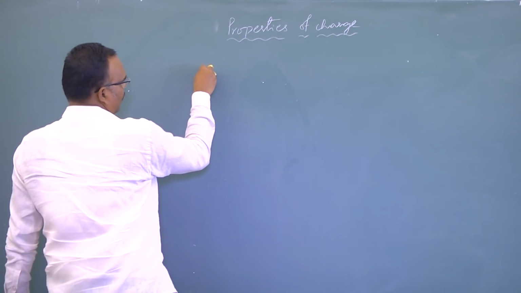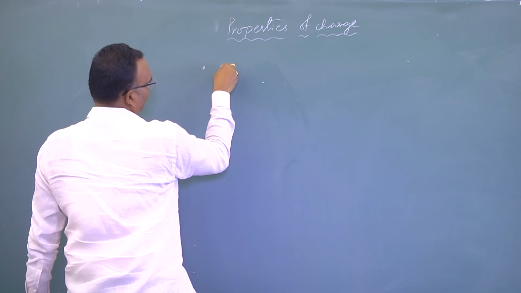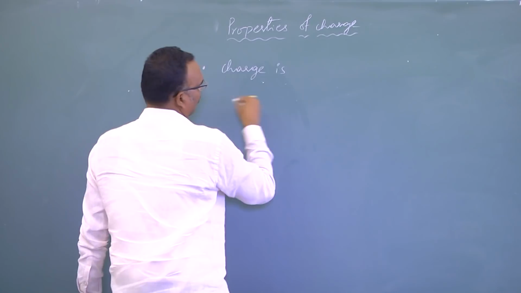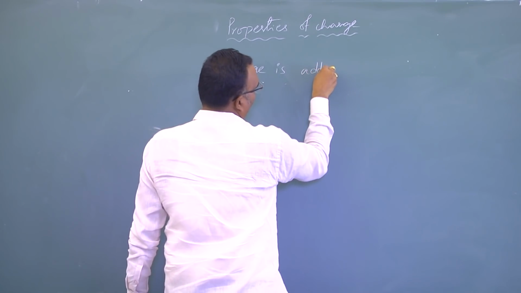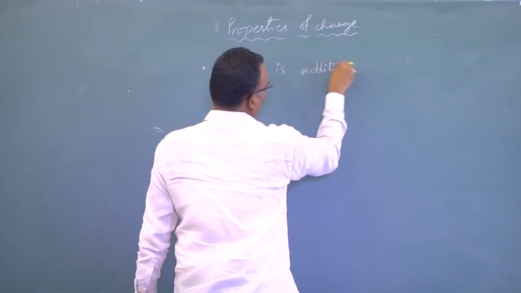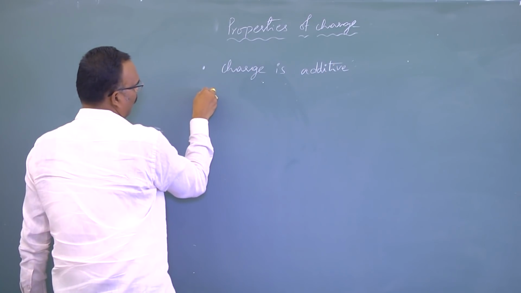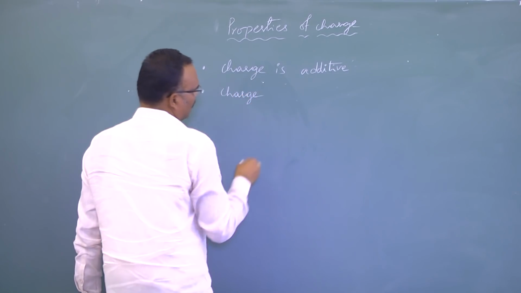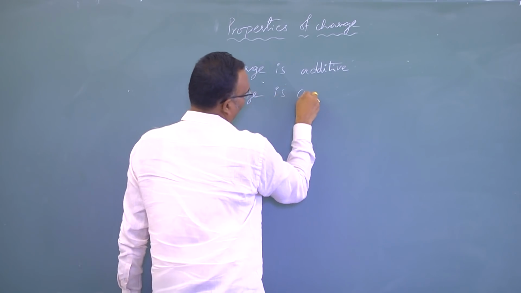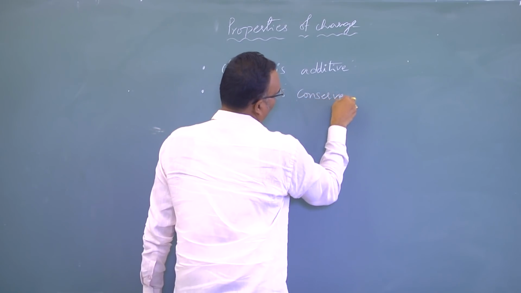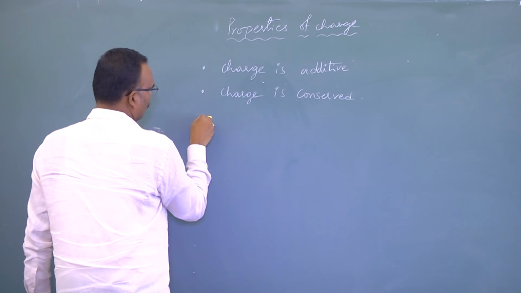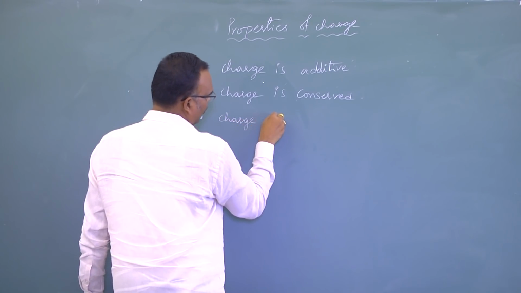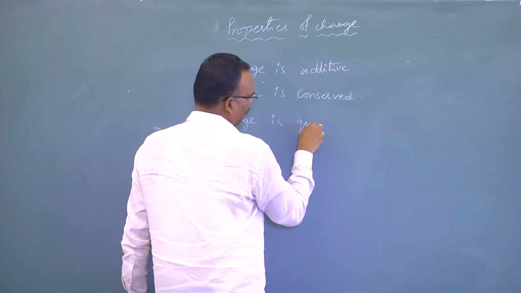First property of charge is: charge is additive. Second property is: charge is conserved. Third property is: charge is quantized.